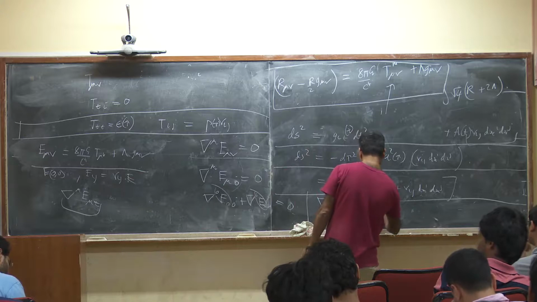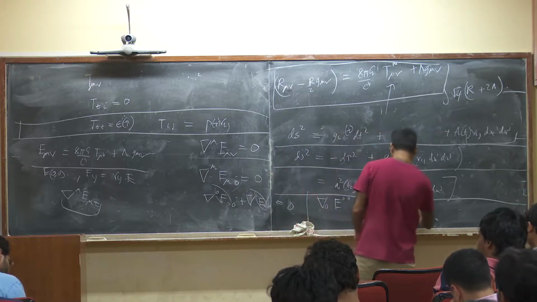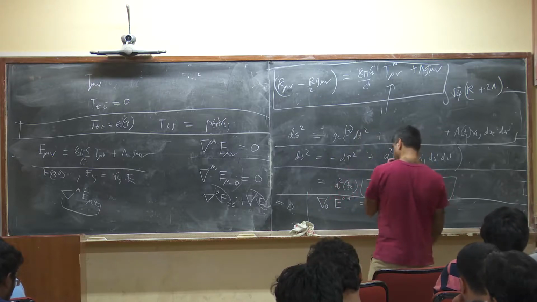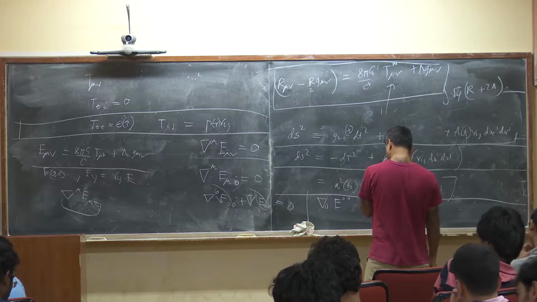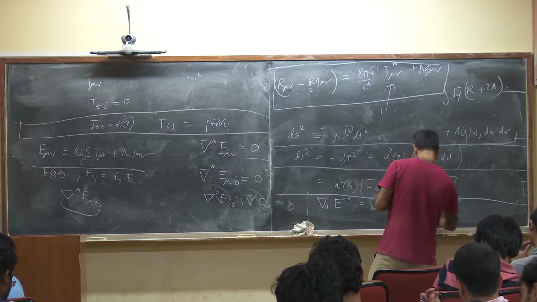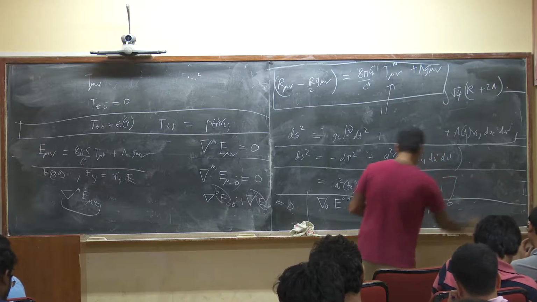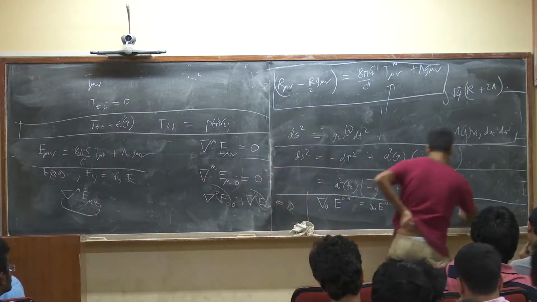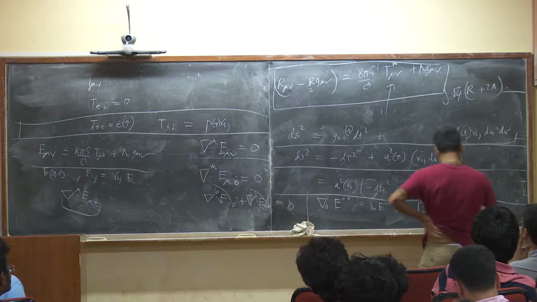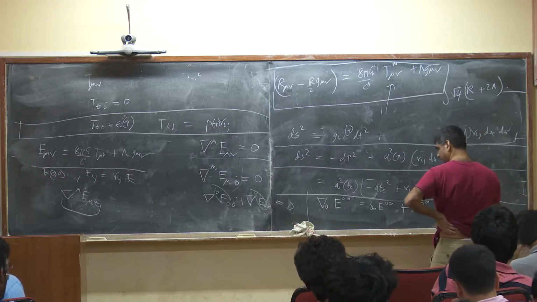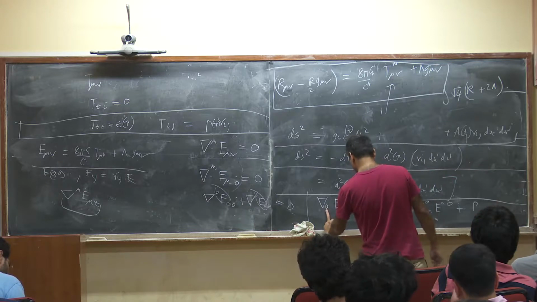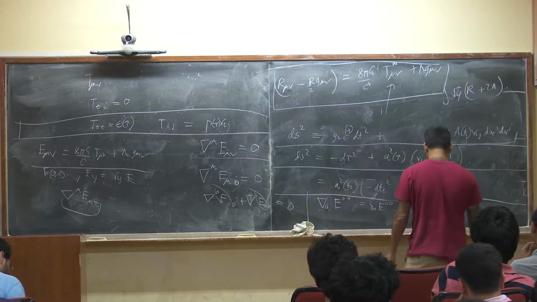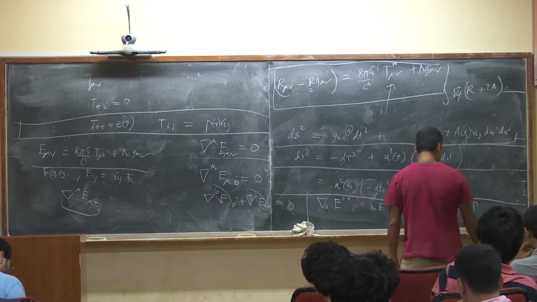So this is equal to del 0 E00 plus gamma 0 0 m E m 0 plus gamma, they're the same term because they're both 0.